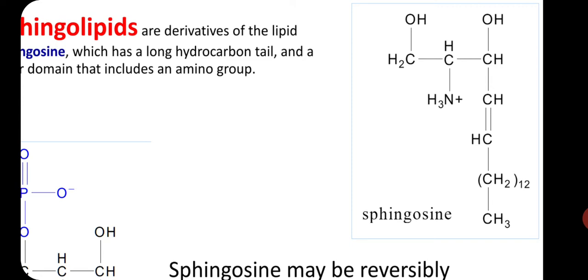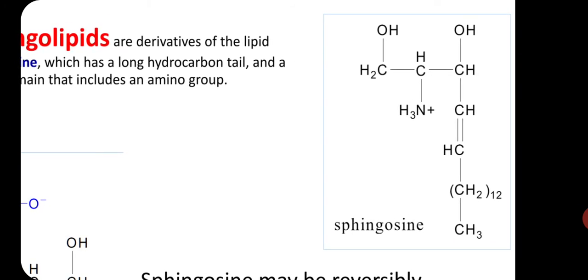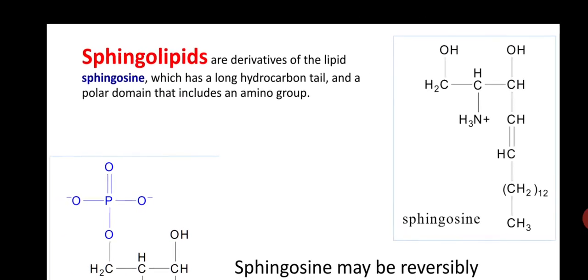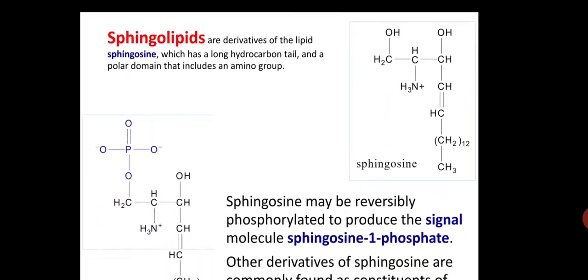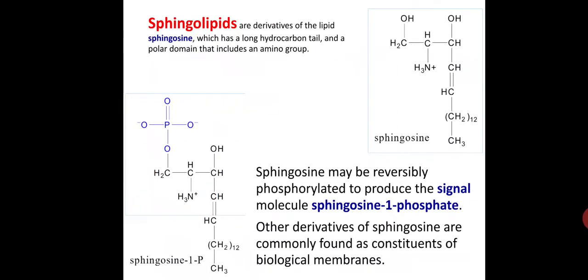Again repeating: in glycerol, the first position is still CH2OH. At the second position, in place of OH, you have added NH3, which is a polar group. And in the third location, instead of CH2OH, one H is replaced by this 15 carbon chain. This is sphingosine.